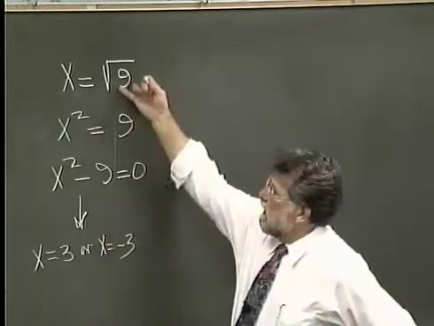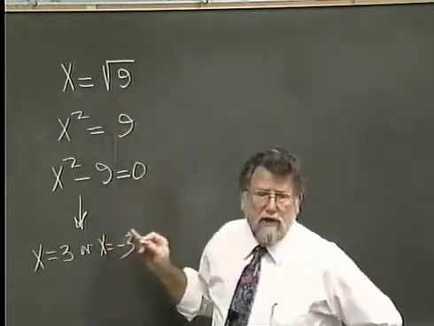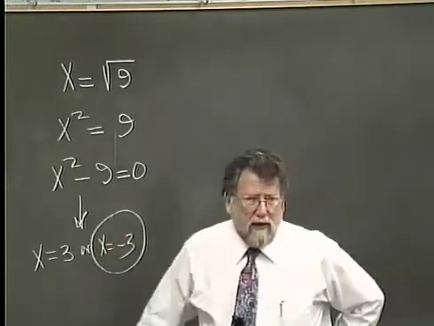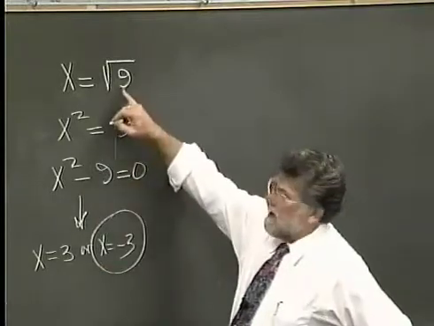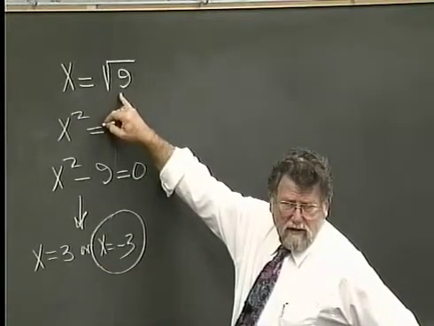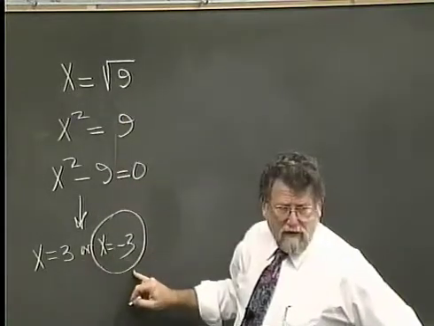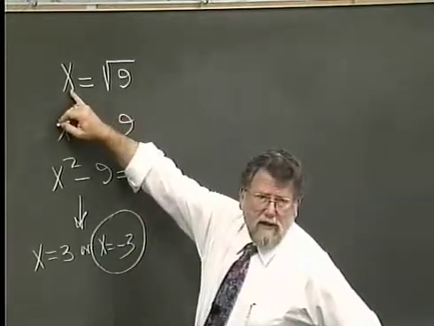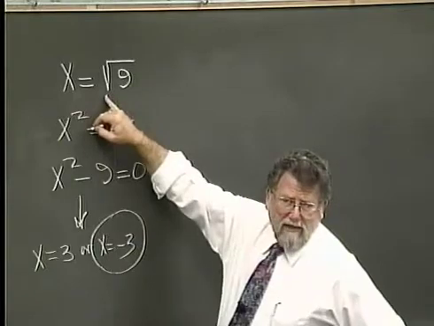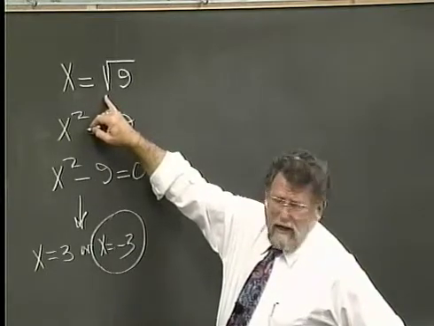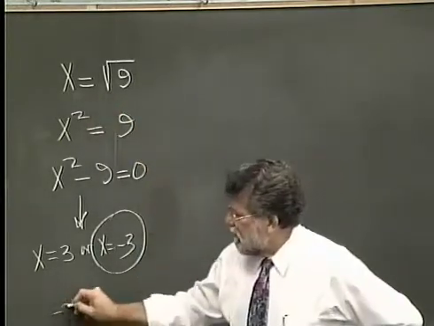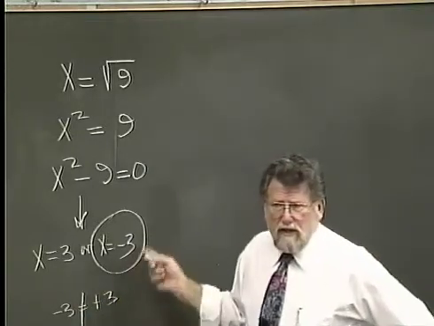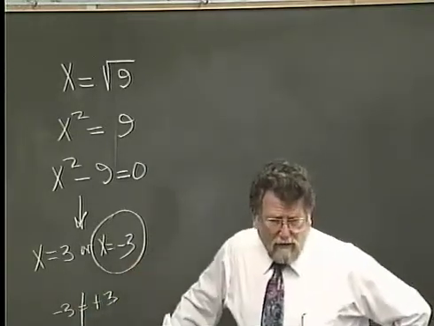Now the process of squaring both sides introduced a new solution to the problem that doesn't satisfy this. If you check both values, put a minus 3 in here, you get minus 3 on the left side, but this says you have the positive square root of 9, and this would imply that negative 3 is equal to positive 3. That's not true, so we consider this a root that's not valid.